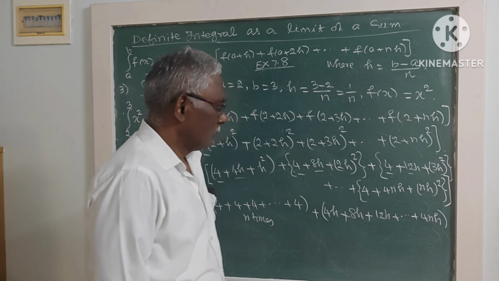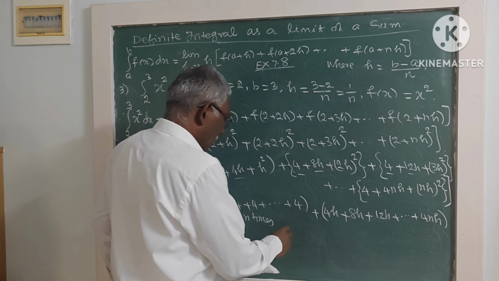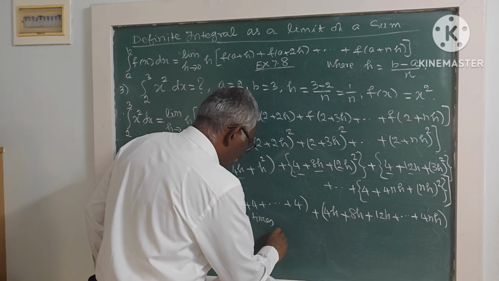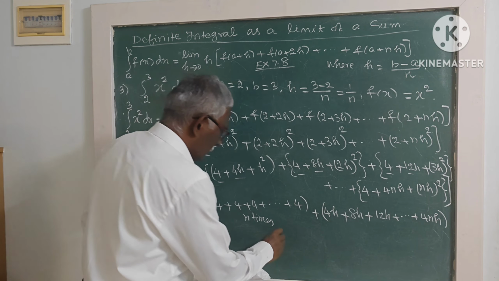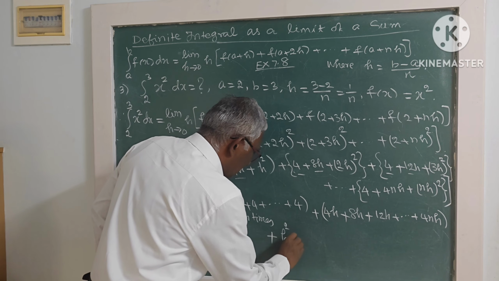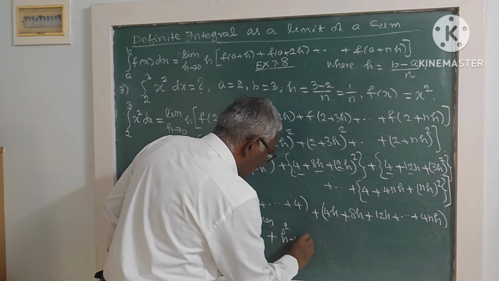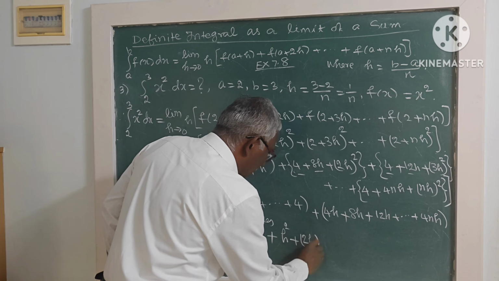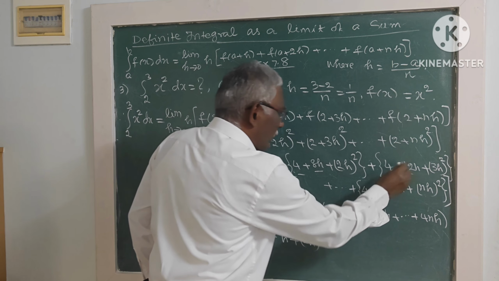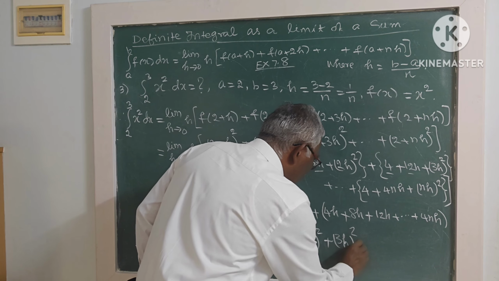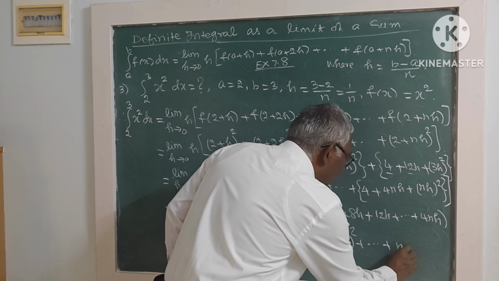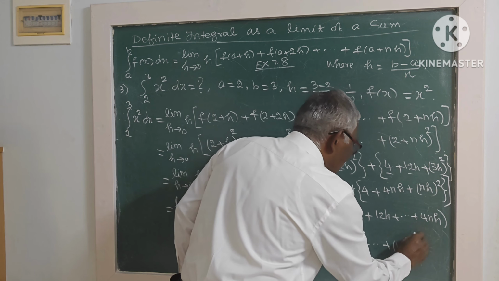Then plus h square, (2h) whole square, (3h) whole square, plus (nh) whole square.